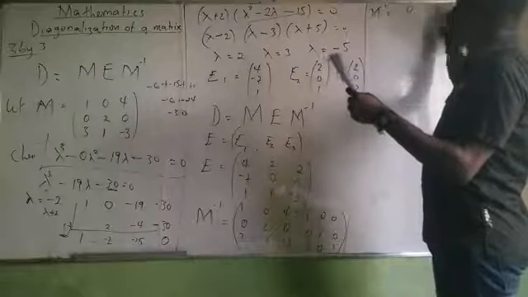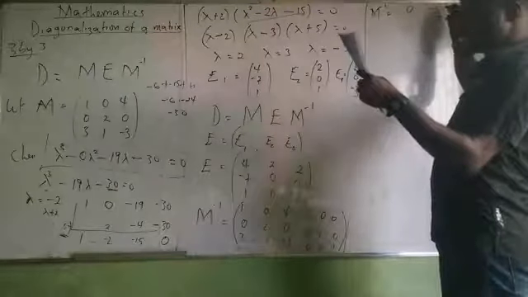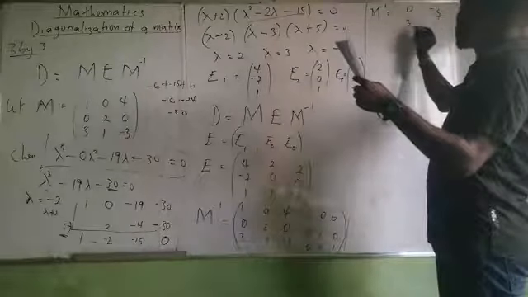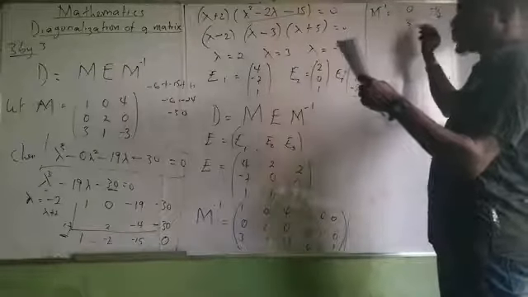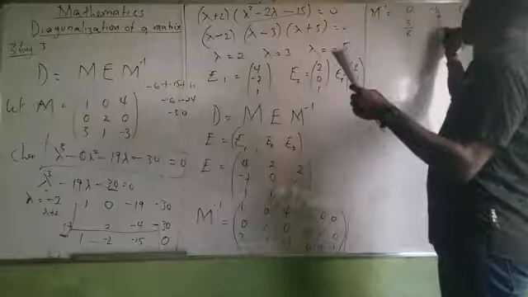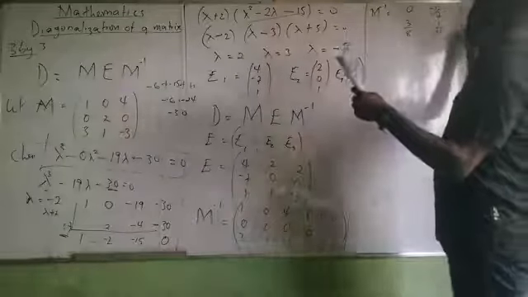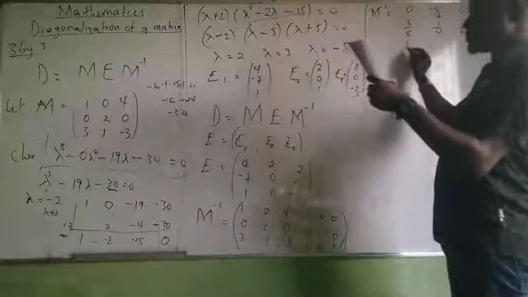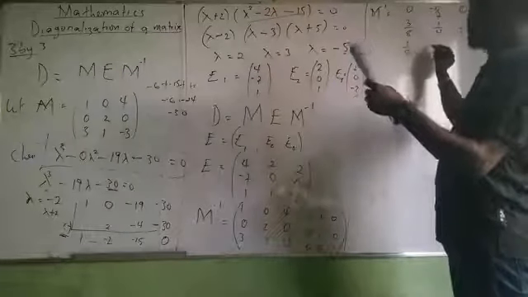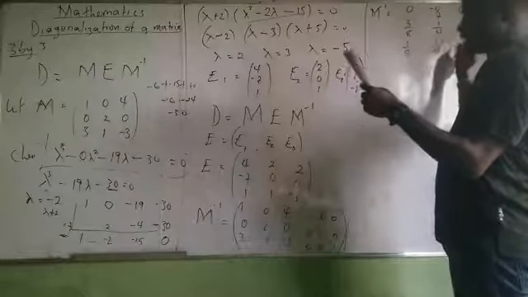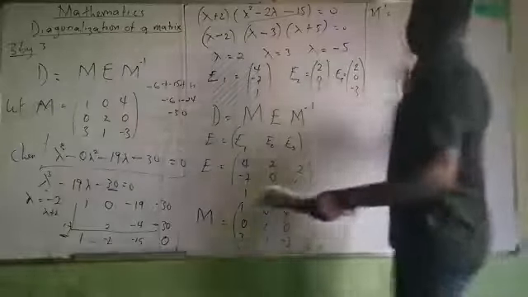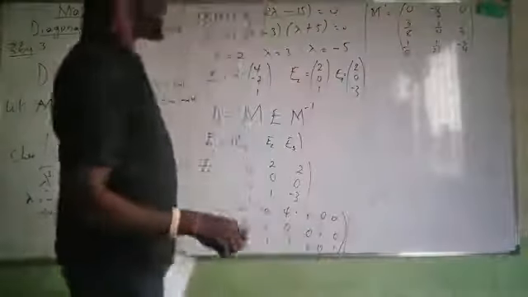It was computed here, I don't need to stress myself. If you are still having problems, you can private chat or email me. That is my 1 over 8 and 1 over 28 and minus 1 over 4, because there is no time anyway. That is my M inverse.